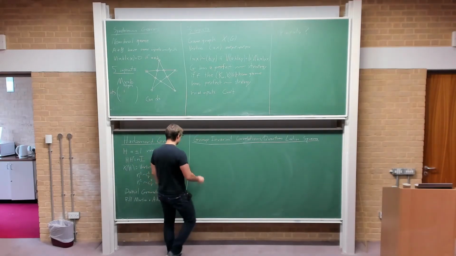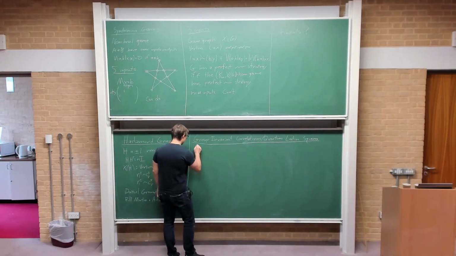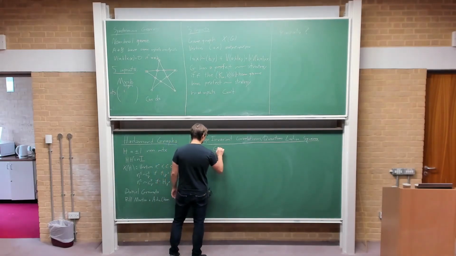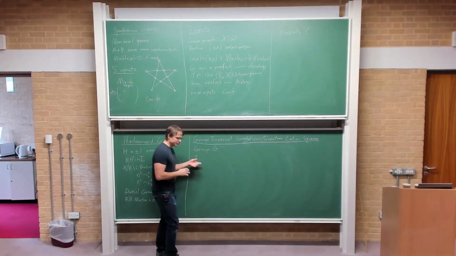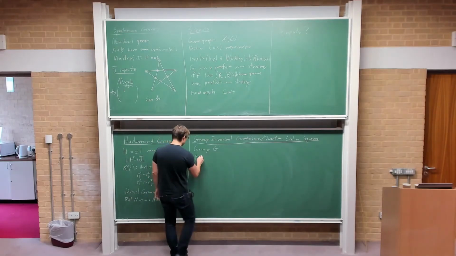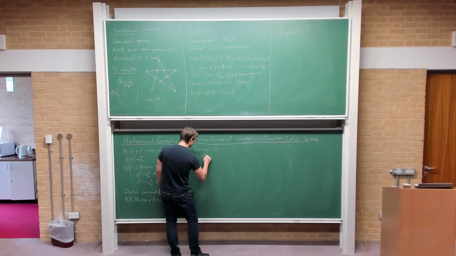Okay, and then let's say we have a group G, right? Then we say that a correlation, which is going to have as its inputs and outputs, I should write G to the 4, right?